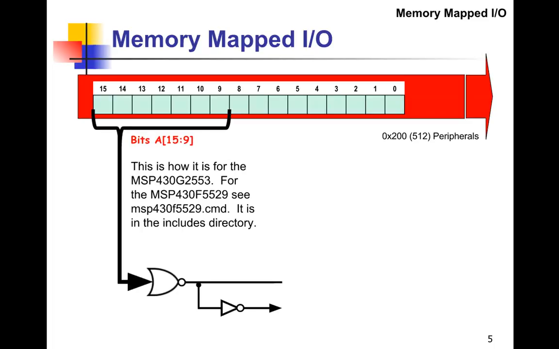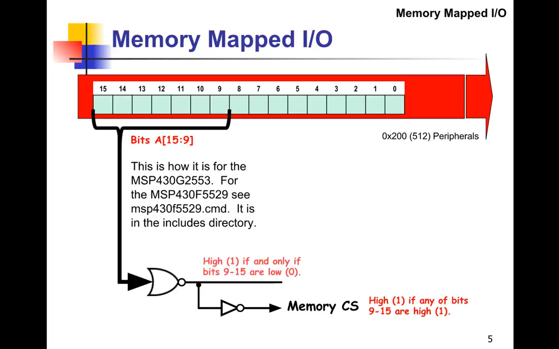So basically it's kind of like this. When you look at bits 9 through 15, that goes into a NOR gate. If it's not any of those, then it's checking to see whether you're in the 512 bytes where the I/O is.